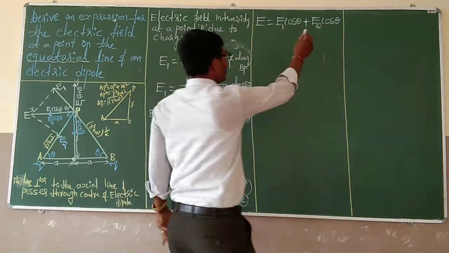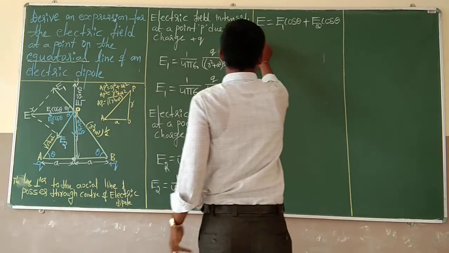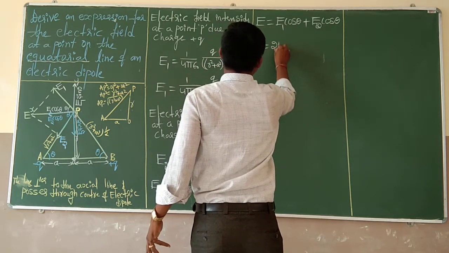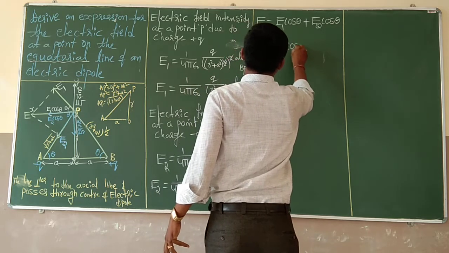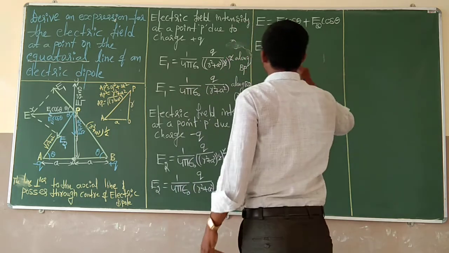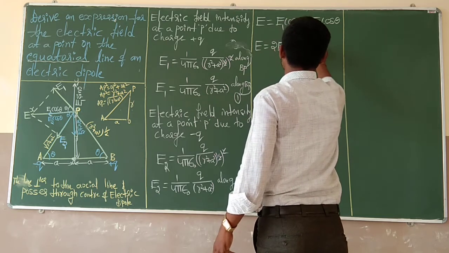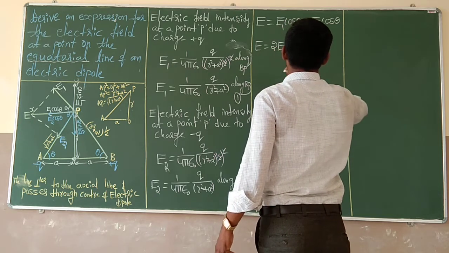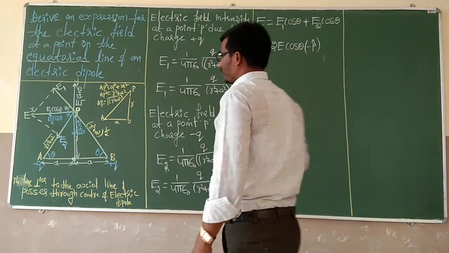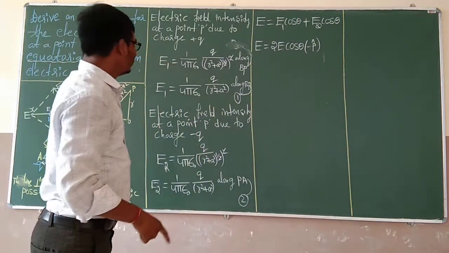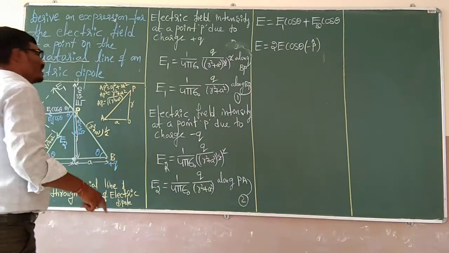Then you can write here E is equal to 2E cos theta. So we can write this as minus p cap here. Why have I written the minus p cap here? It is a unit vector in the direction opposite to the dipole axis.